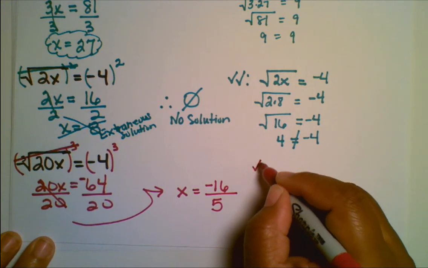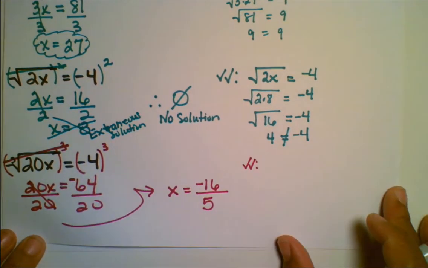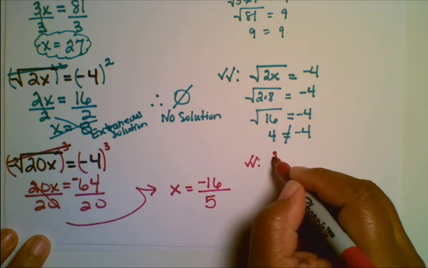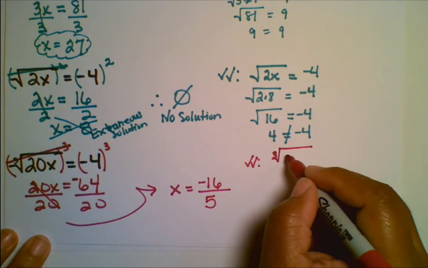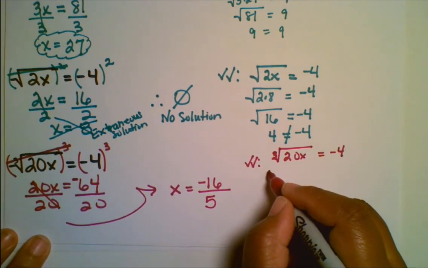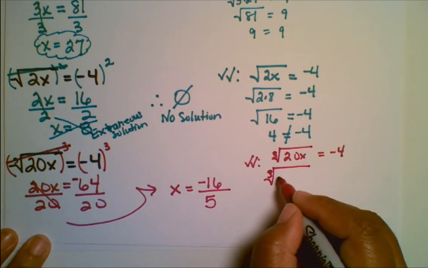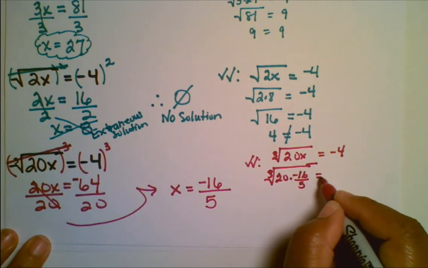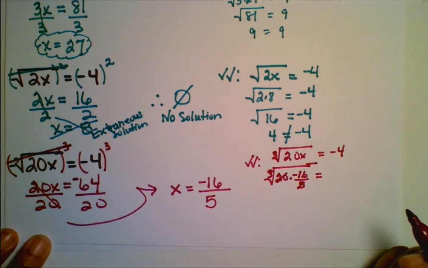So let's see if this answer is correct. We hopefully don't want it to be extraneous. So here's the original question: the cube root of 20x equals -4. We're going to plug in negative 16 over 5. Well, 5 can go into 20 4 times.